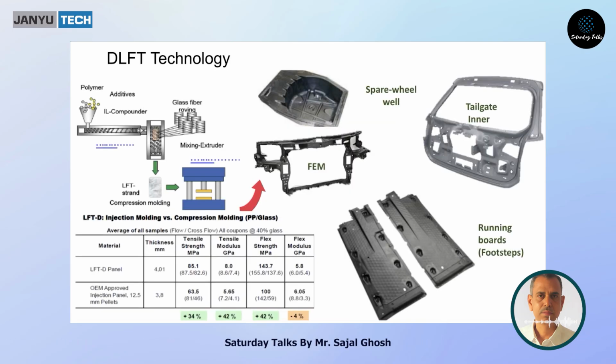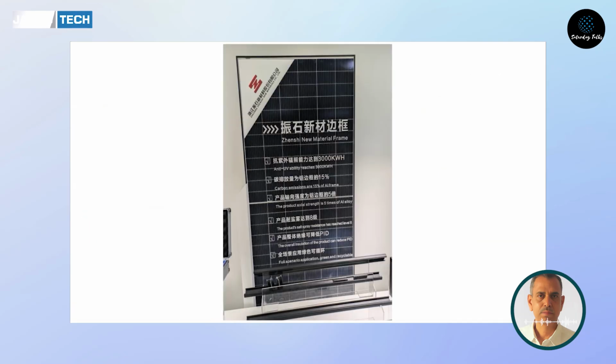The frame of this solar panel is made of composite. The interesting thing is that it has anti-UV ability up to 3000 kilowatt hours, and carbon emission of only 15% of an aluminum frame.